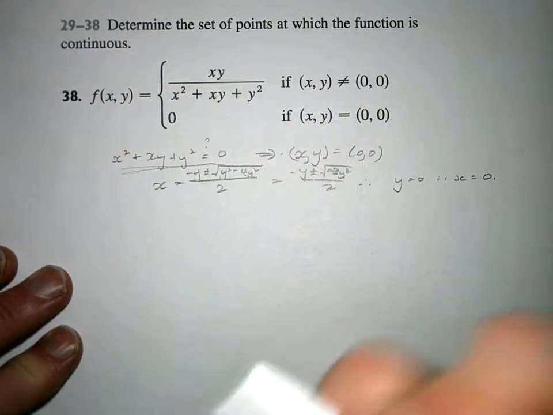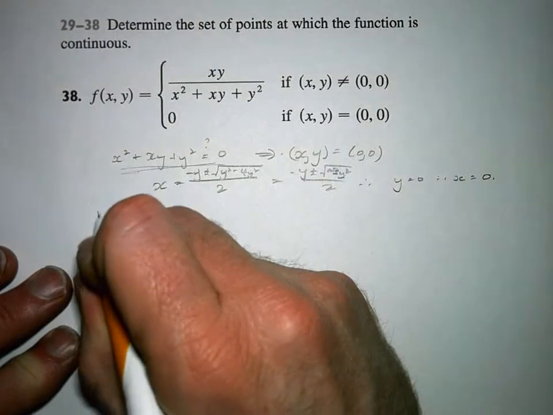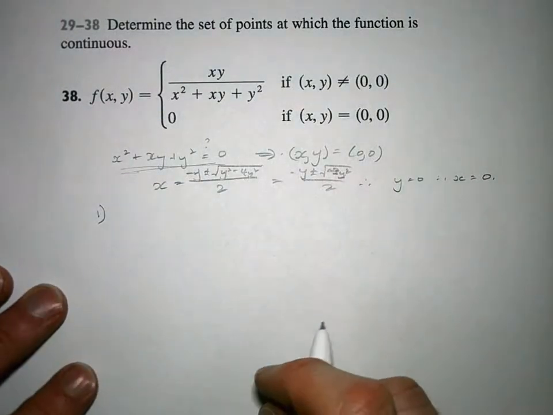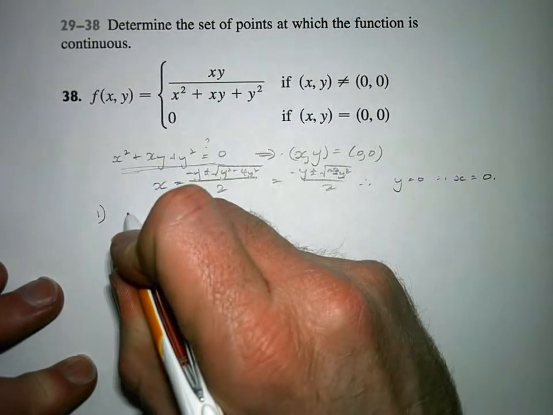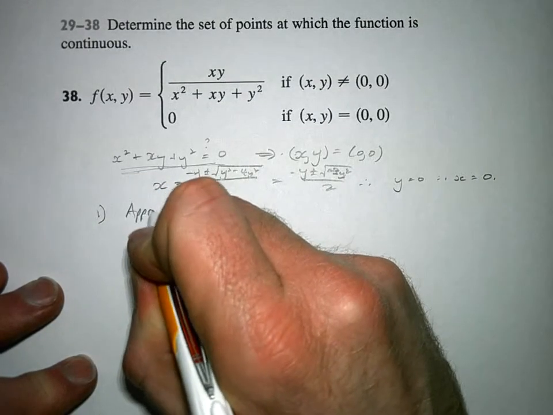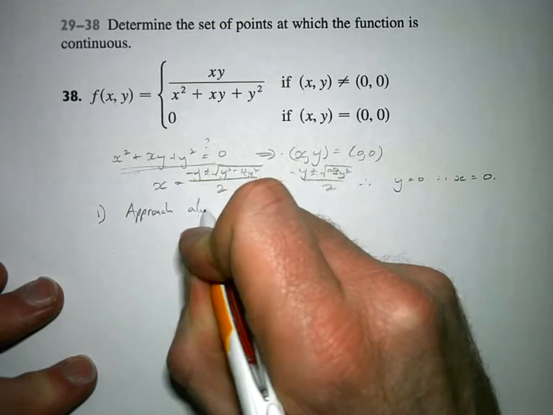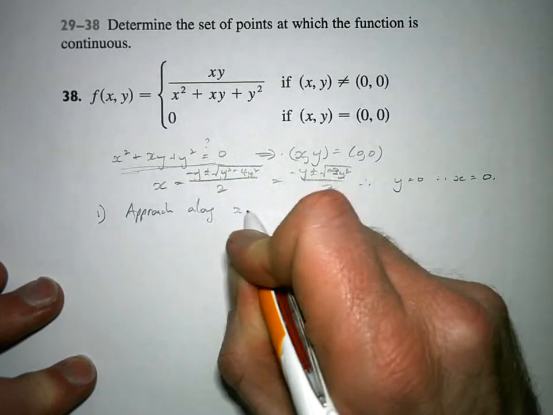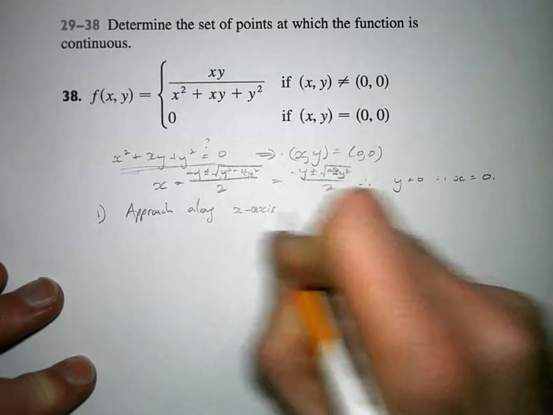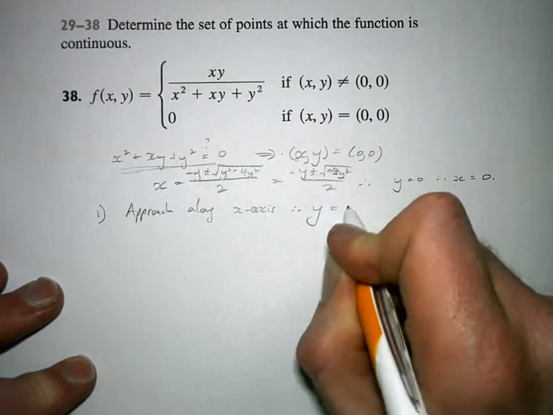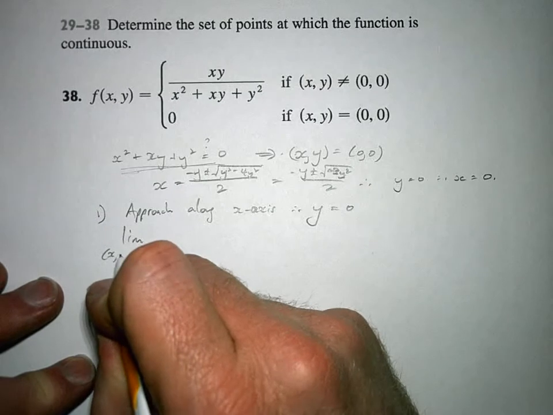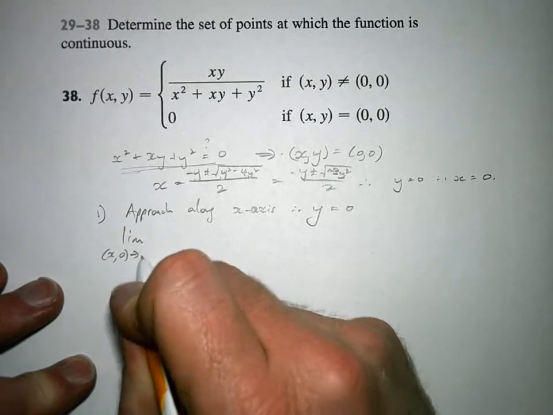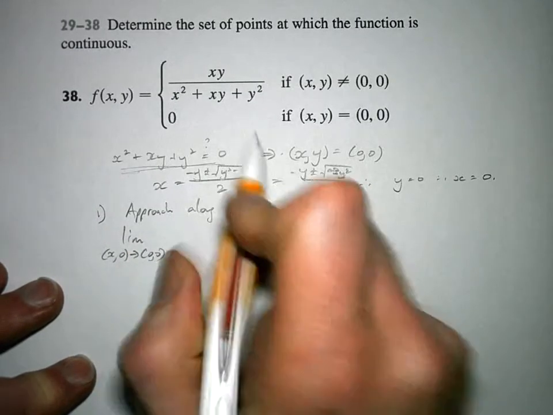Well, let's first try and show maybe that it doesn't exist. We're going to try and find two paths that give us different limiting values. The first thing we're going to try is we're going to approach along the x-axis. Approach along the x-axis, that means that our y values are all equal to 0. So now our limit becomes the limit as (x, 0) approaches (0, 0) of our function.